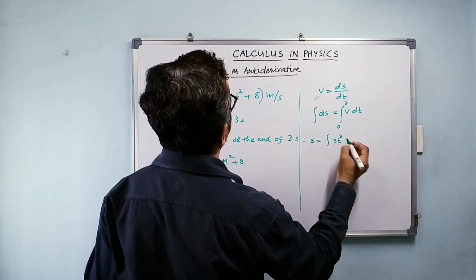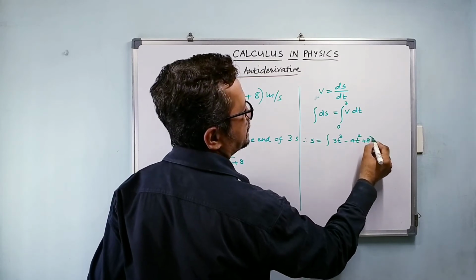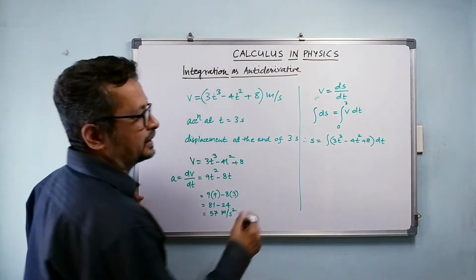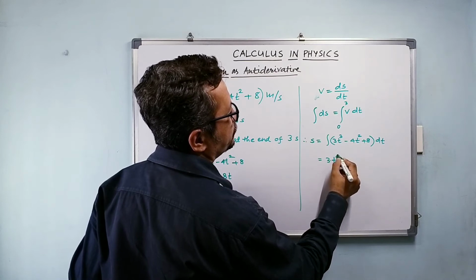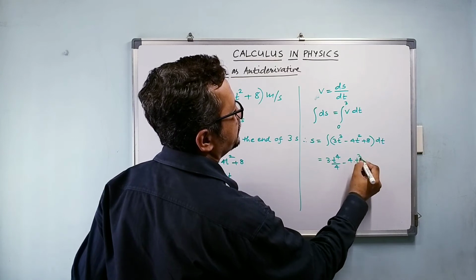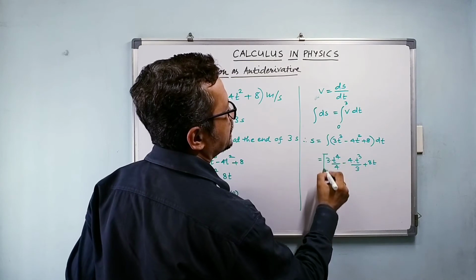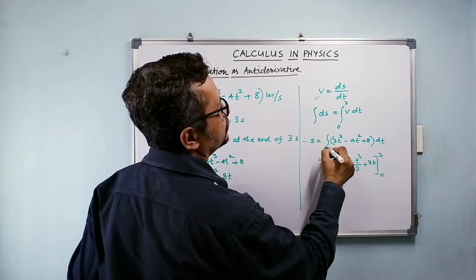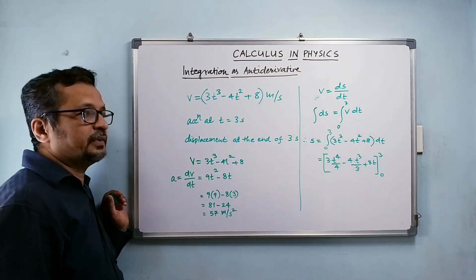S is equal to integral of 3t cube minus 4t square plus 8 dt. Correct. So what is integral 3t cube? So it would be 3 into t raised to power 4 upon 4 minus 4 into t raised to 3 upon 3 plus 8t, and then that between 0 to 3. My lower limit is 0, upper limit is 3.